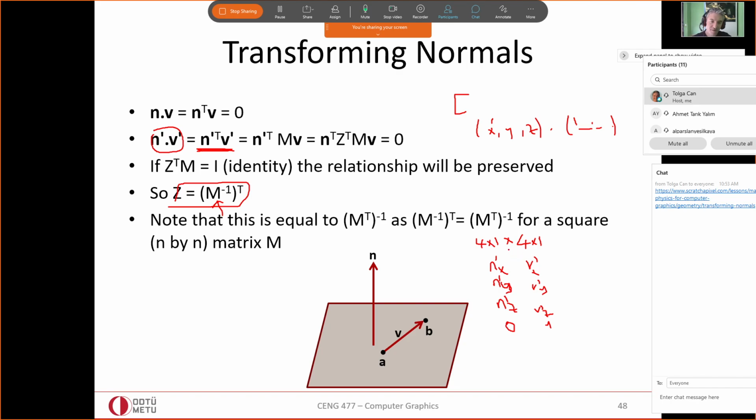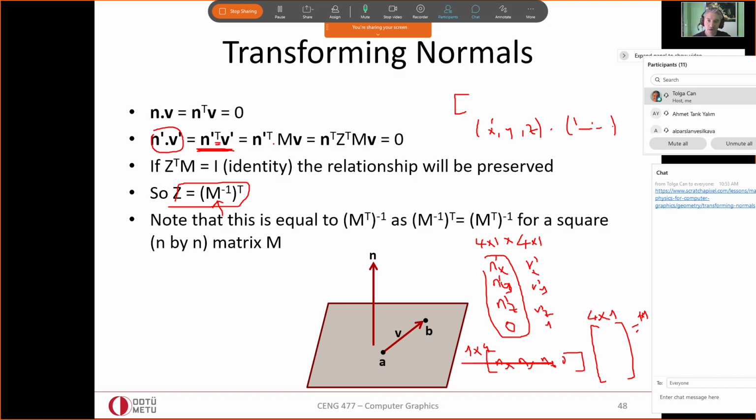So what we need to do is take the transpose of this, meaning we make this column matrix a row matrix: nx, ny, nz, 0. Then it's possible to multiply a 1 by 4 matrix with a 4 by 1 matrix, and that's what the dot product actually is. In matrix form, if you take the transpose, the result will be a 1 by 1 matrix, which is that scalar, the 0 we're looking for. That's the purpose of this transpose: to write the dot product in terms of matrix multiplication.